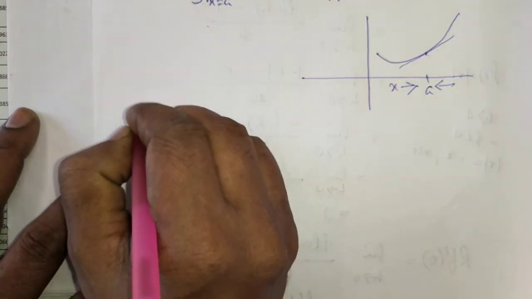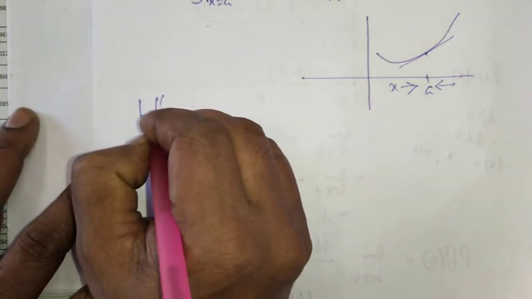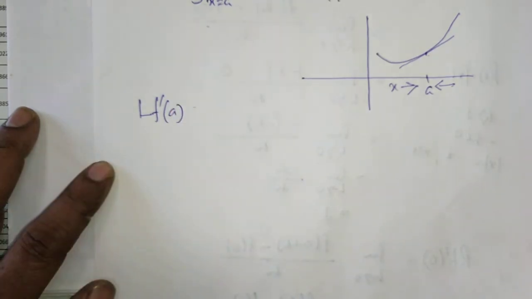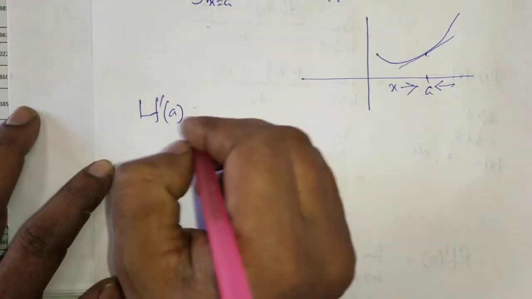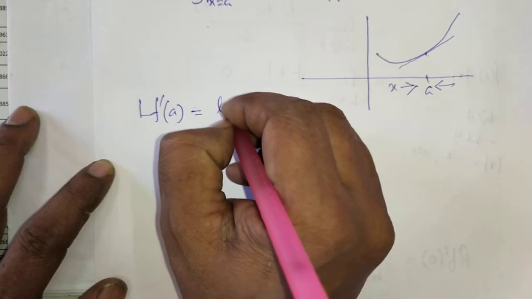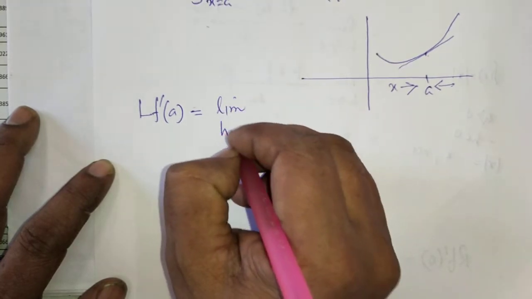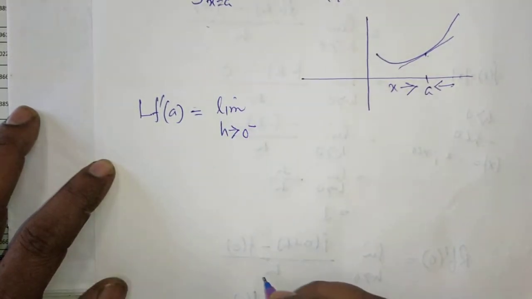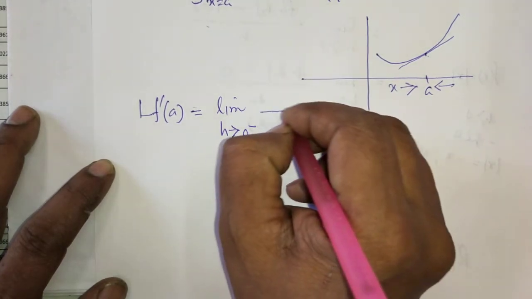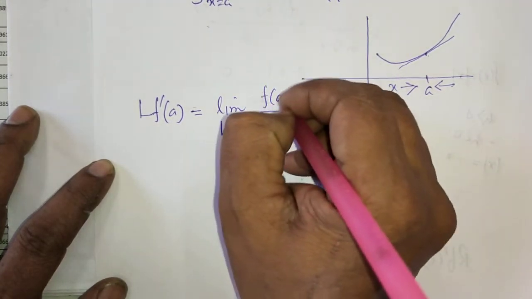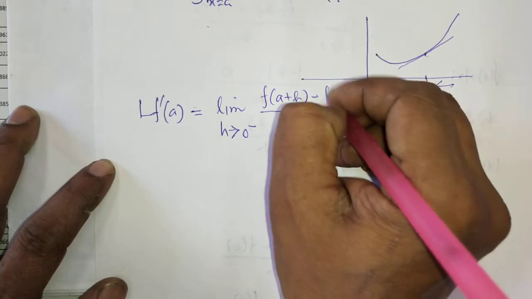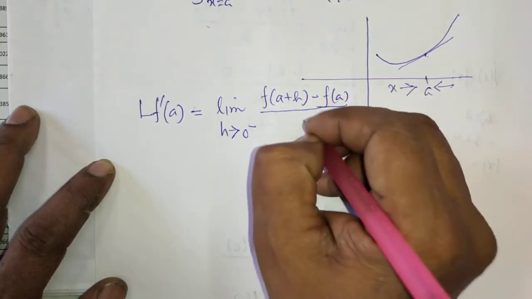The left hand derivative is denoted by the symbol Lf dash a. The left hand derivative at a particular point, Lf dash a, is defined as limit h tends to 0 minus, very important, h tends to 0 minus, f of a plus h minus f of a, divided by h.